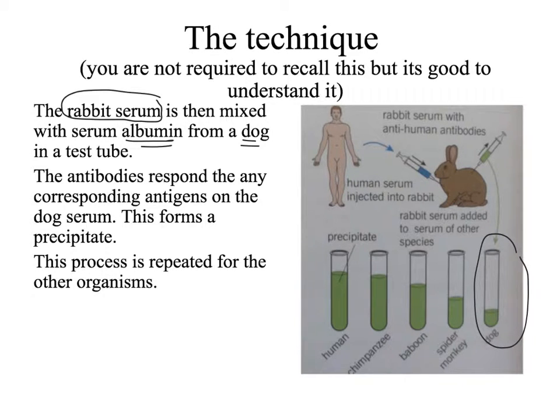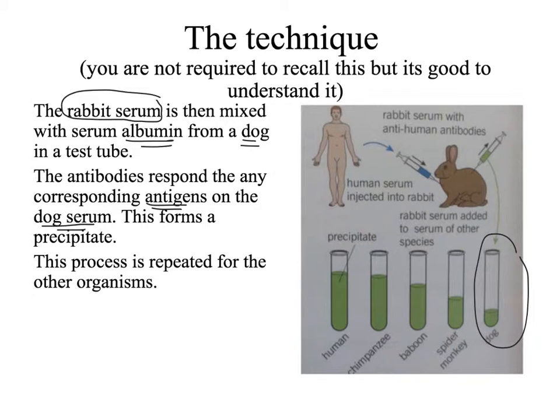We'd mix the serum from the rabbit that's containing the antibodies to the human albumin with a sample of serum albumin from the dog. Okay? Now, any of those antibodies that were produced by the rabbit that correspond to antigens in the dog serum, i.e.